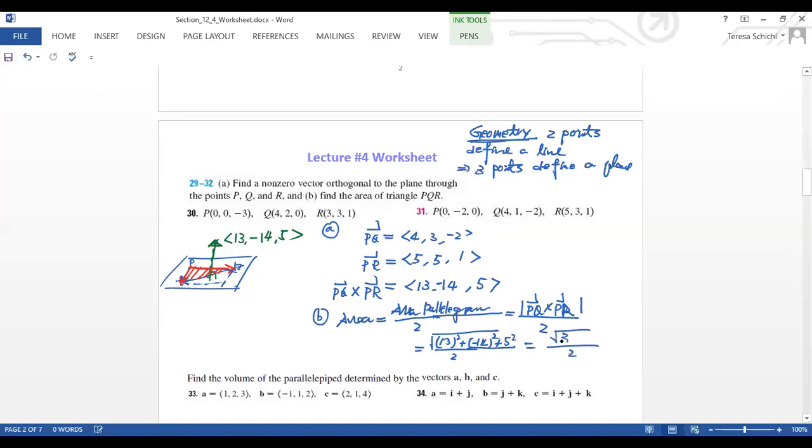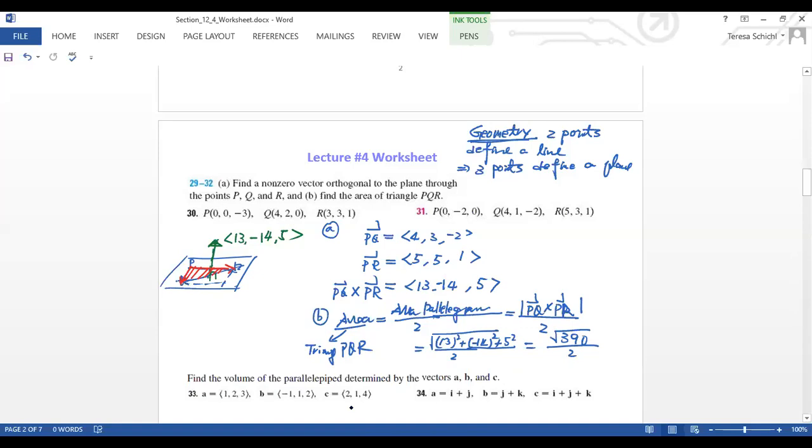If you put it into the calculator, it's the square root of 390, all over 2. That is how I find the area of the triangle PQR, because I know from geometry the triangle is half of the parallelogram, okay?